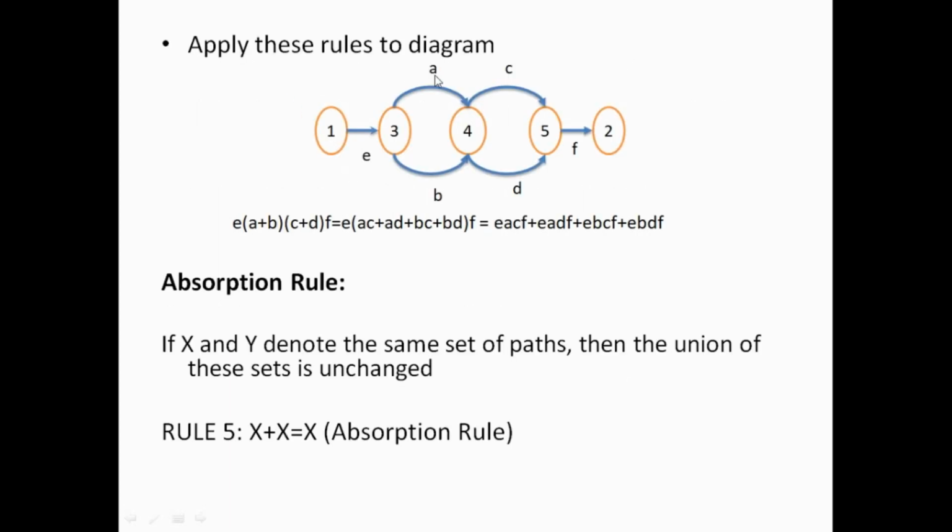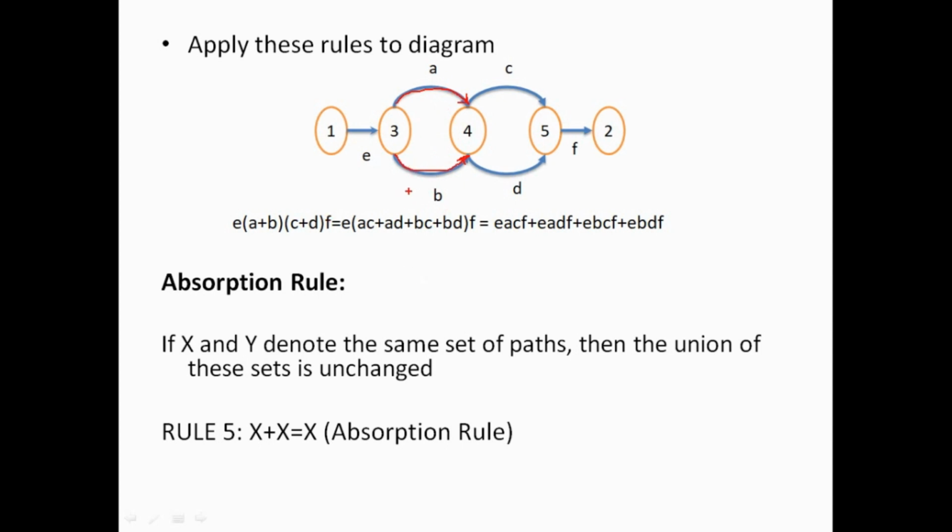Next, applying these rules to a diagram. In this diagram we are applying the above rules. Here we have 5 different nodes, and in between them there are links. If both links are parallel and going in the same direction, we can add these parallel links.